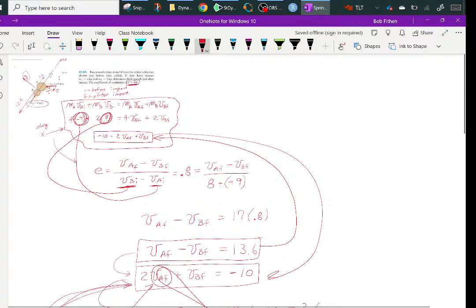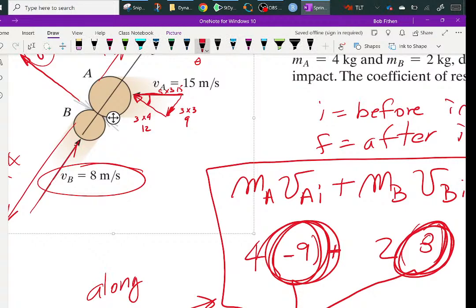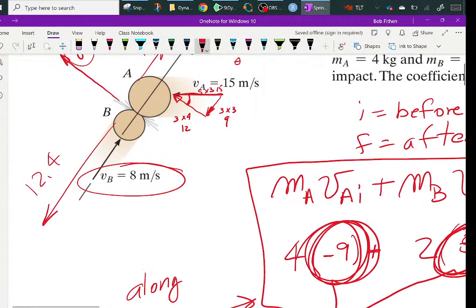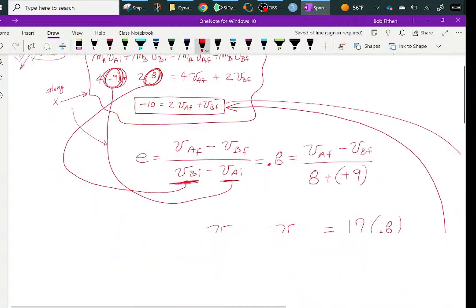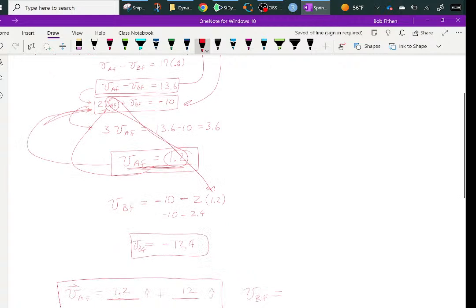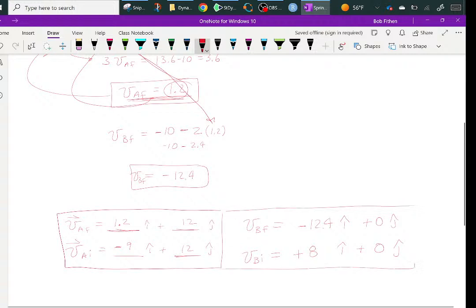The B only had a component in that direction. So it had a plus 8 and it had minus 12.4, and that's I, and no J before or after. So those are the two.